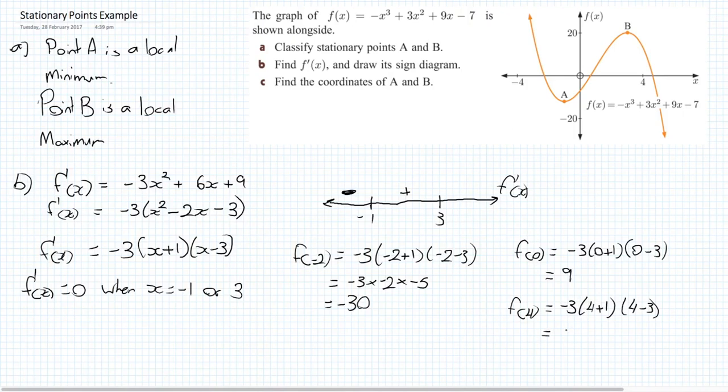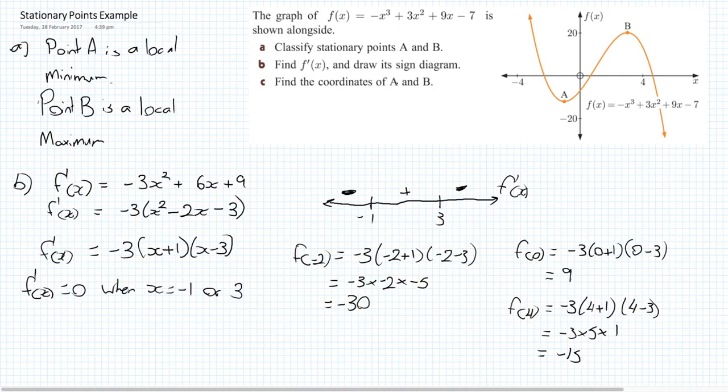So -3 times 5 times 1. -3 times 5 is -15, times 1 is still -15. So over this side, the slope of our function is negative. So that's our sign diagram for part B.